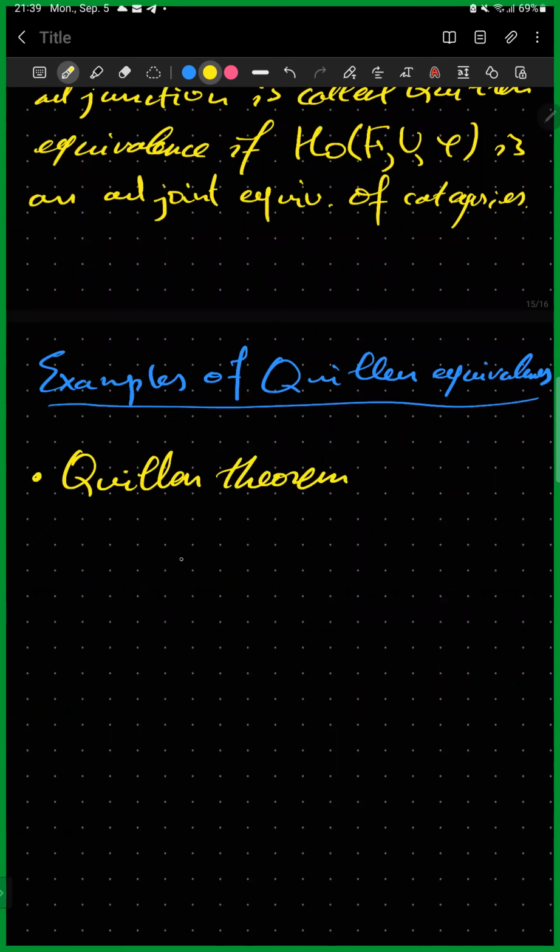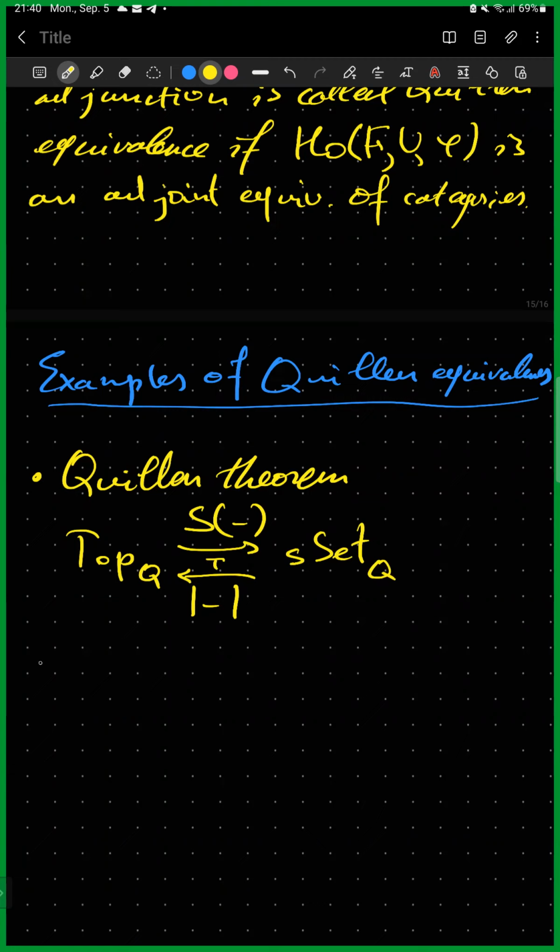So this Quillen equivalence is given by an adjoint pair where the left adjoint is the geometric realization functor, and the right adjoint is the singular simplicial set functor of a topological space. So this is probably the most famous example of Quillen equivalence.